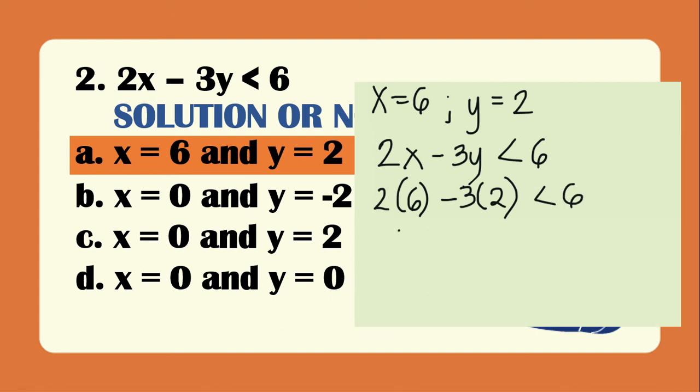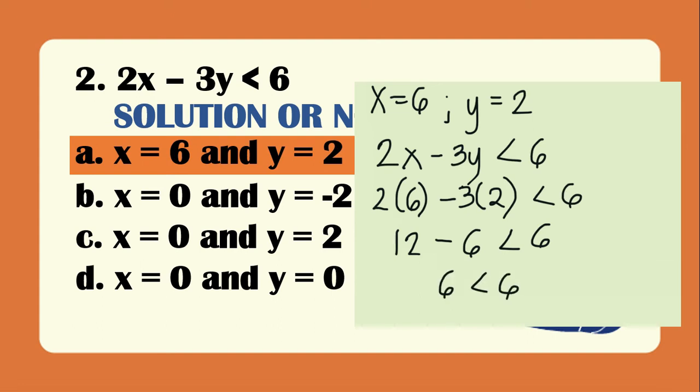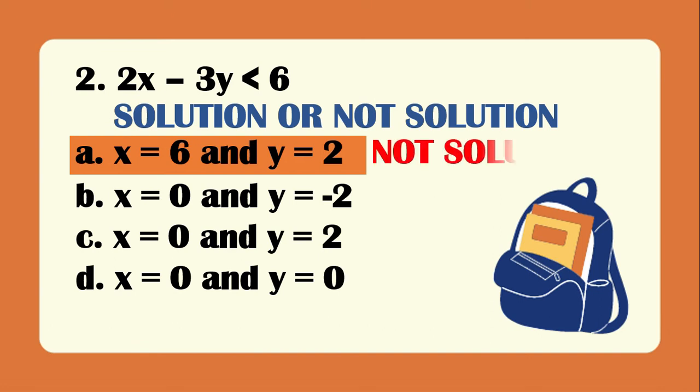So we have 2 times 6, that is 12. Negative 3 times 2, that is negative 6 less than 6. And then simplify. We have 12 minus 6, that is 6. And then copy less than 6. 6 less than 6 is a false statement because 6 is not less than 6. So meaning letter A is not solution.